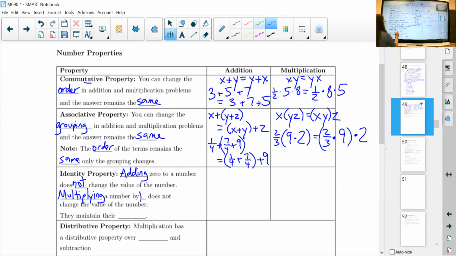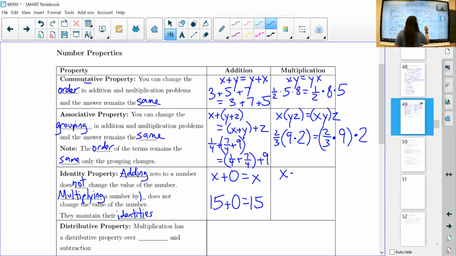They maintain their identities. So we have x plus 0 equals x, 15 plus 0 equals 15, or x times 1 equals x. 15 times 1 equals 15.